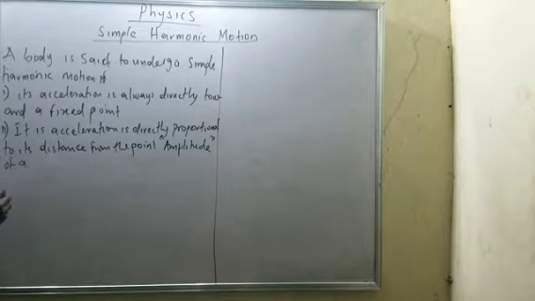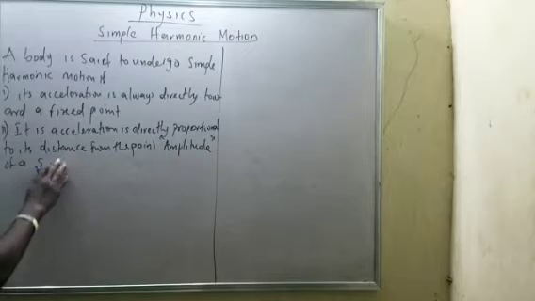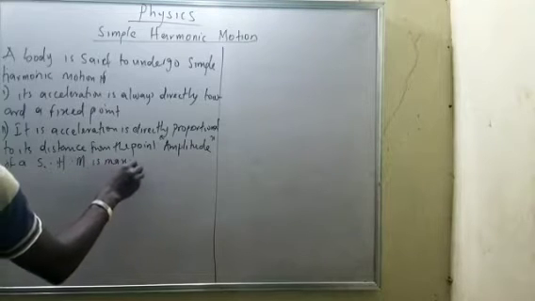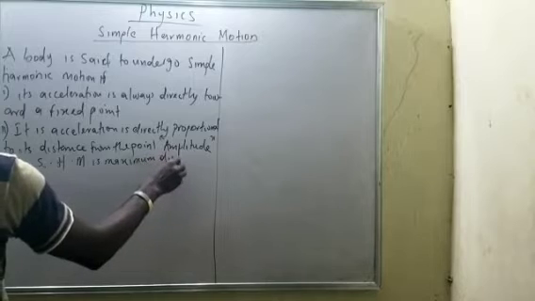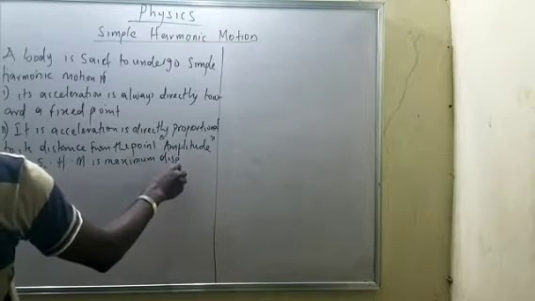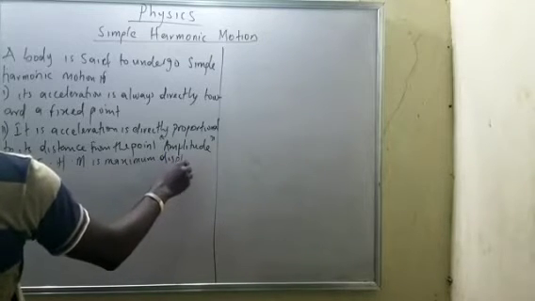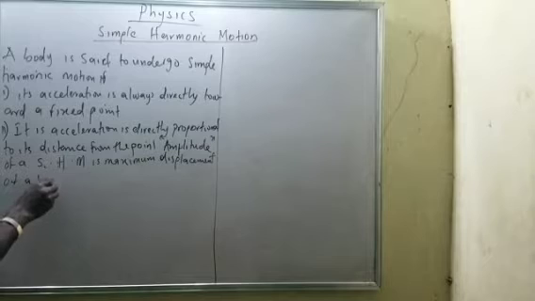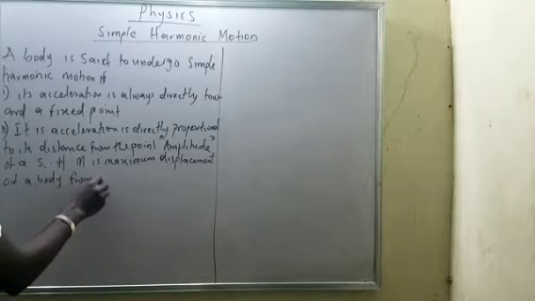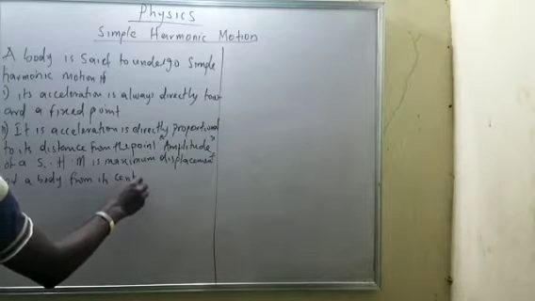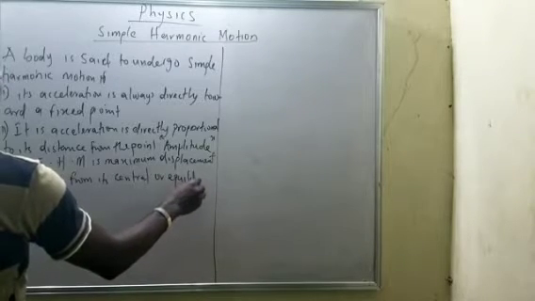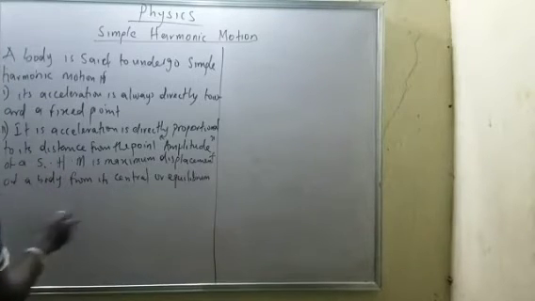The amplitude of a simple harmonic motion is the maximum distance, maximum displacement of a body from its central or equilibrium position.